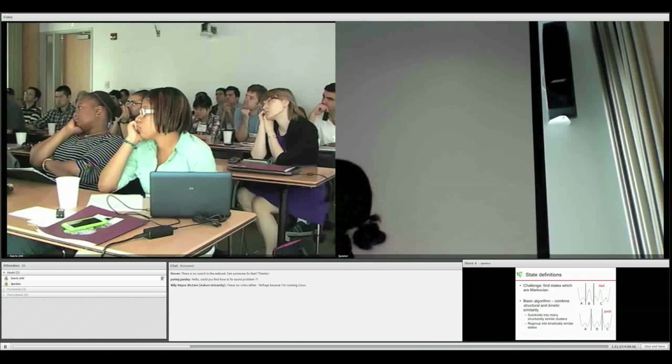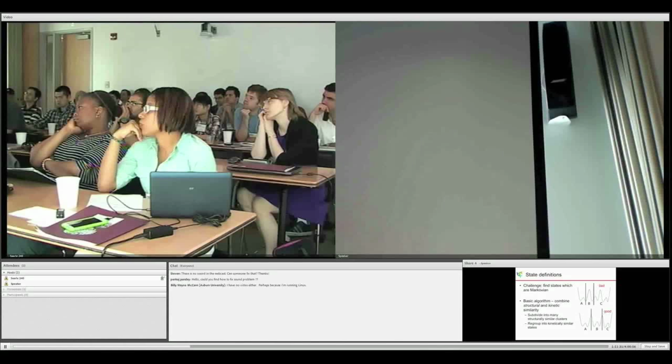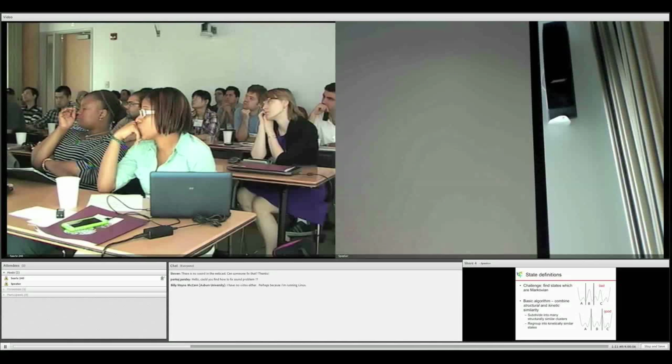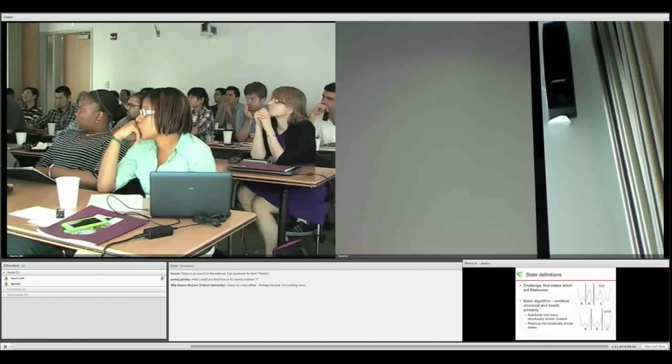Okay, so the challenge is to try to find states such that the dynamics between these states are Markovian. Here again, I've drawn a one-dimensional energy landscape where you can see different height barriers. If I were to define my states as A, B, and C, we can see that state B is not really going to behave in a Markov fashion.